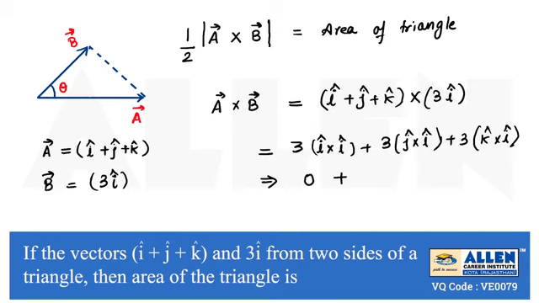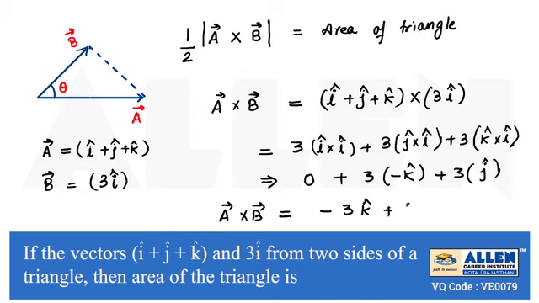The other one, j cross i, will give us the resultant minus k cap, plus 3 times k cross i, it will give us the resultant j cap. So the result of A cross B will be minus 3 k cap plus 3 j cap. So this will be the result of A vector cross B vector.